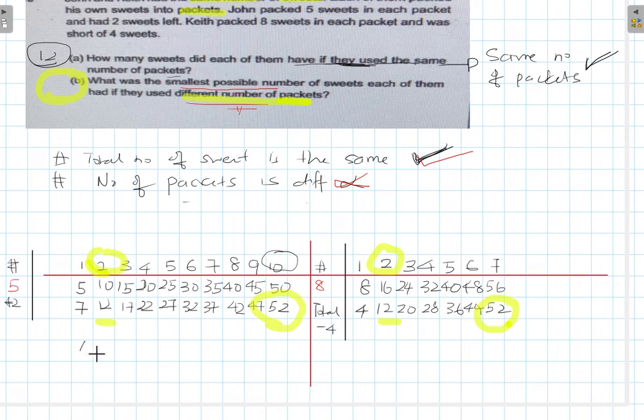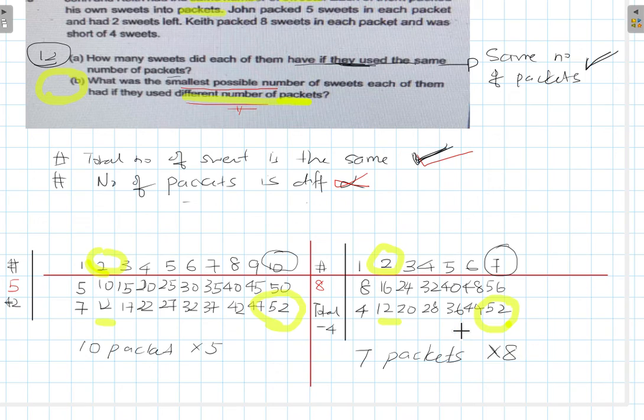If I pack 5, I need 10 packets to put 5 in. If I pack 8, I need 7 packets to put 8 in.